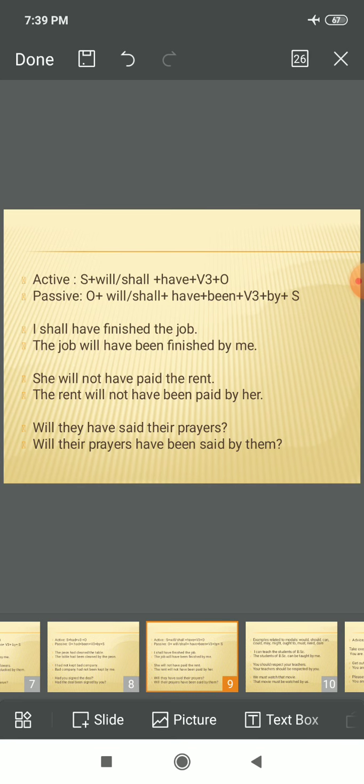Next is changing of will have and shall have. So children, again a very simple type in which will have and shall have would remain the same. The verb's third form will be applied here and it would also be exactly the same. The only change is adding been to the sentence.